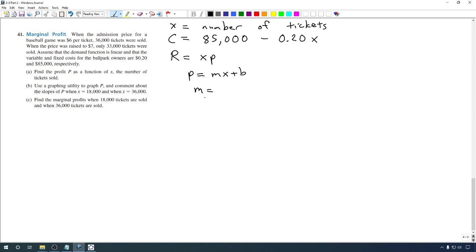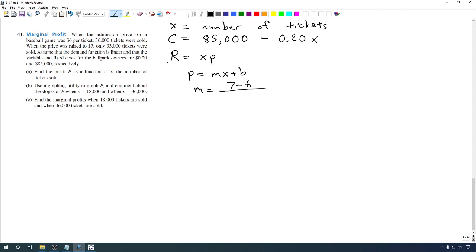So our m, our slope, we can actually compute using our slope formula. But keep in mind which variable is doing what. On top, we need a difference in p values. On the bottom, we need the difference in x values. So on top, I'm going to take 7 minus 6.